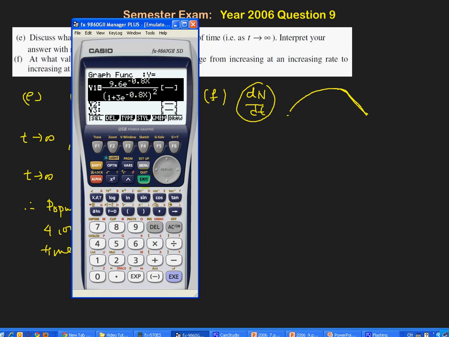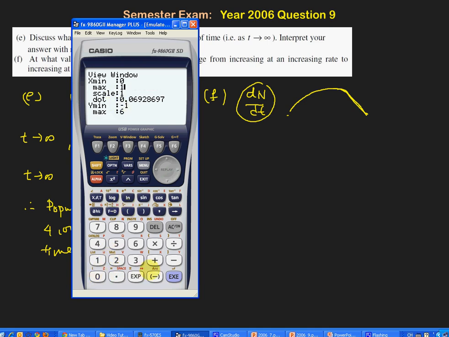Because we're talking about time, X here represents time, and Y here represents the population, so I can take N up to 6, which is okay, because we know as t tends to infinity, the number is 4, or 4,000 rather.